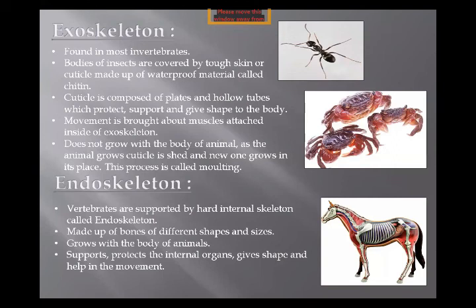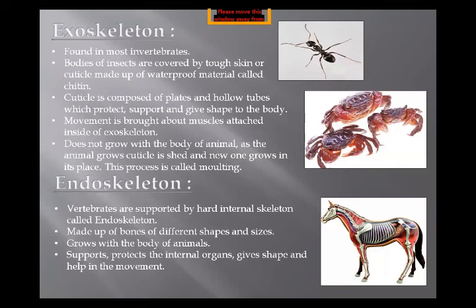But the main thing is that the exoskeleton cannot grow with the growth of the body, so the animal needs to shed it regularly. The process in which the animal sheds the previous exoskeleton and gets a new one is called molting.